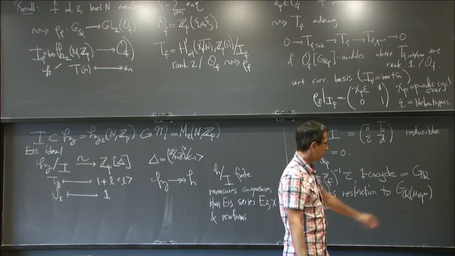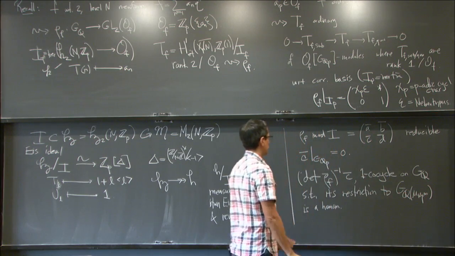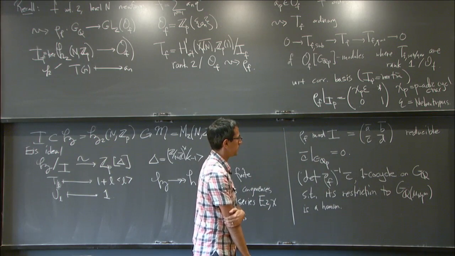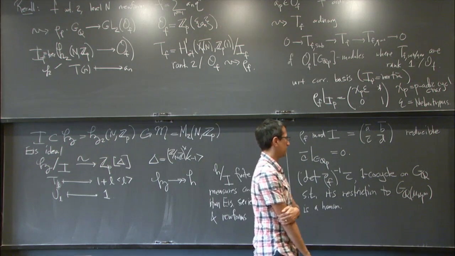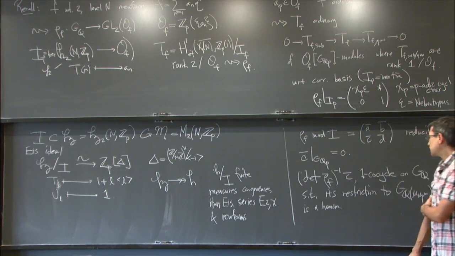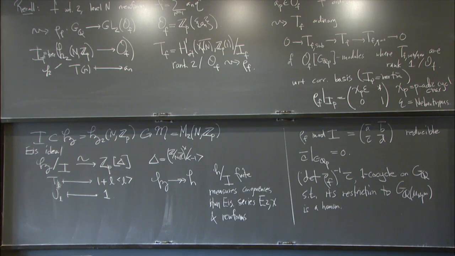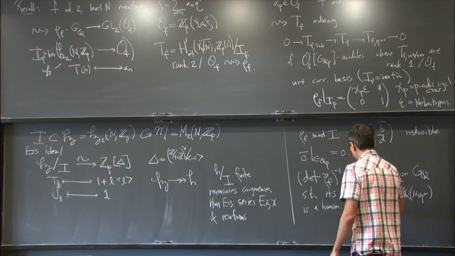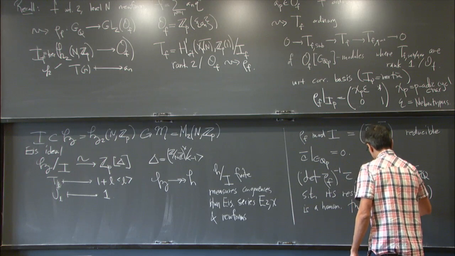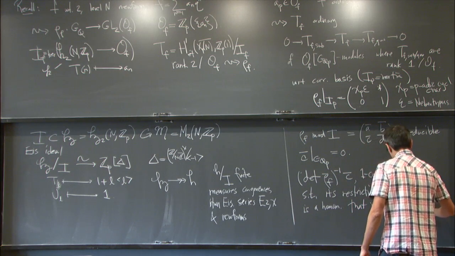But if I work mod p, I actually only need Q(mu_{Np}), for instance, if p doesn't divide N, the way I've written it. Its restriction is a homomorphism that is unramified everywhere.